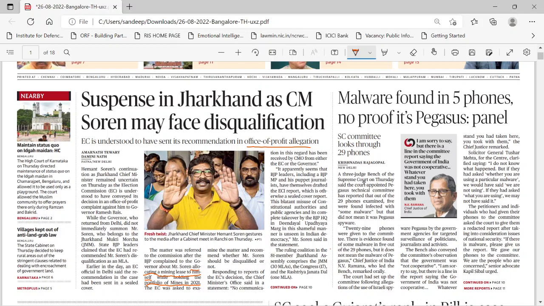And if he is disqualified, then there will be a change of chief minister and all. Earlier Sonia Gandhi was disqualified. Many leaders in the country were disqualified over office of profit. So while reading the polity topic, try to ensure that you cover the office of profit case.